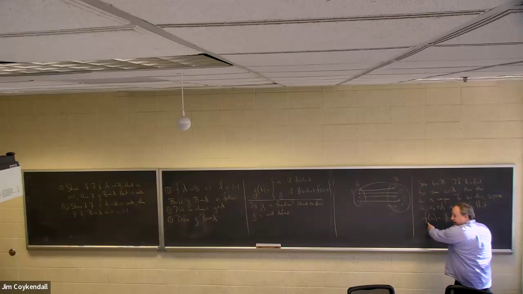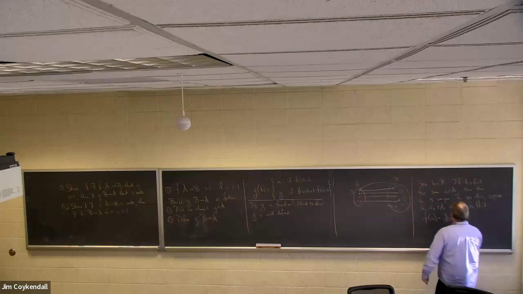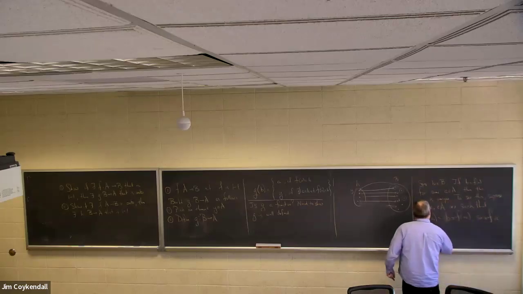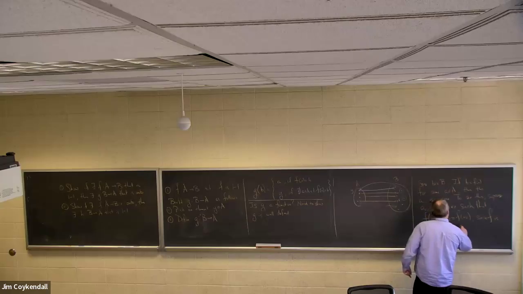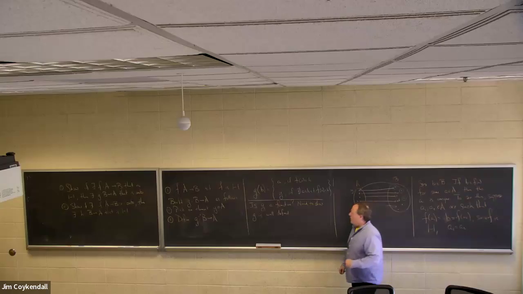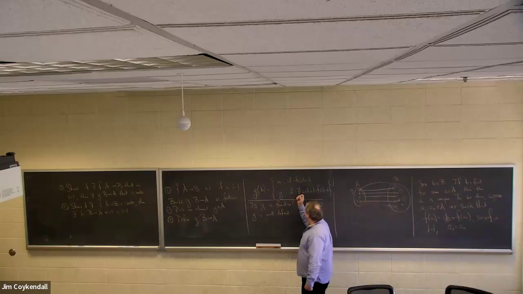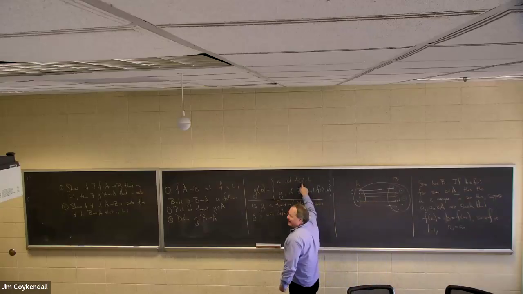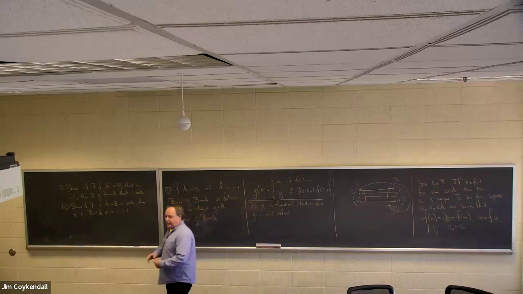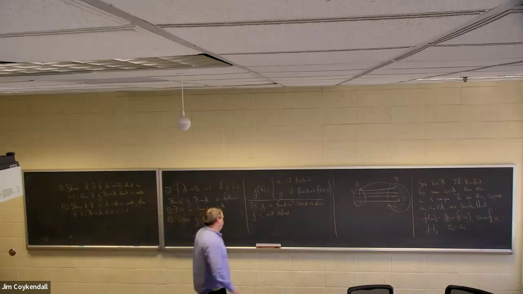It's 1 to 1. So, first case, if there exists an A such that F of A equals B, then there's only one place for it to go, so the output is unique.